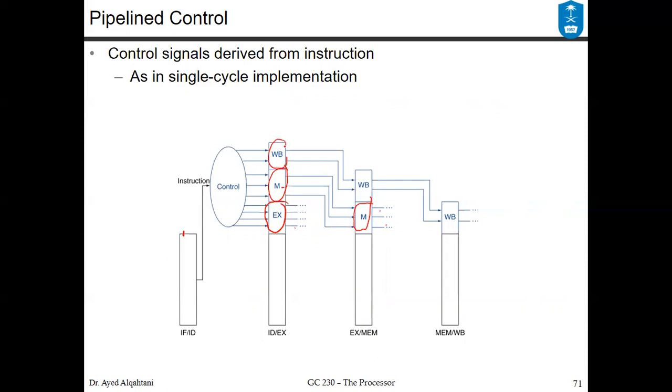And the last one is for the write back stage, so you forward it two times until you feed it to the correct one. Notice that in the execute stage, you feed it directly. You save it in the register and you feed it directly. For the memory, you store it in the register, forward it, and then feed it. For the write back, you store it in the pipeline register, forward it again, and then feed it.